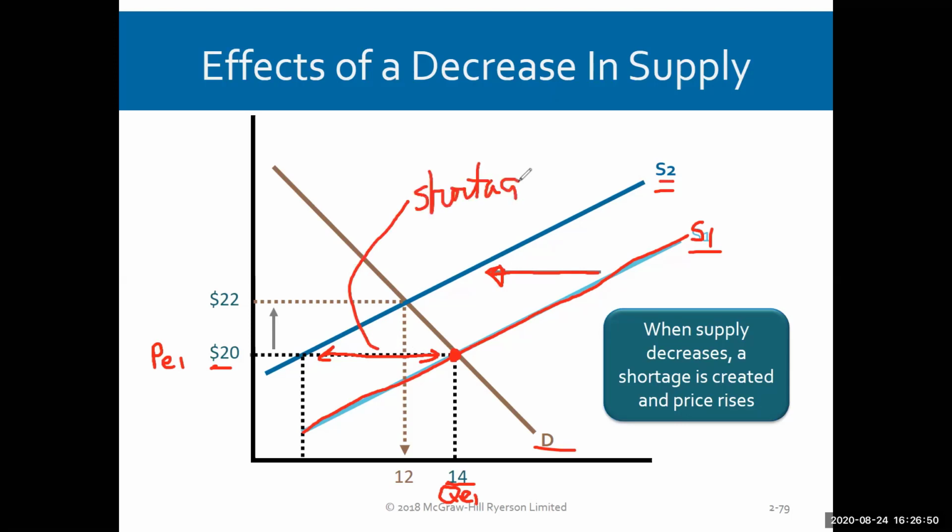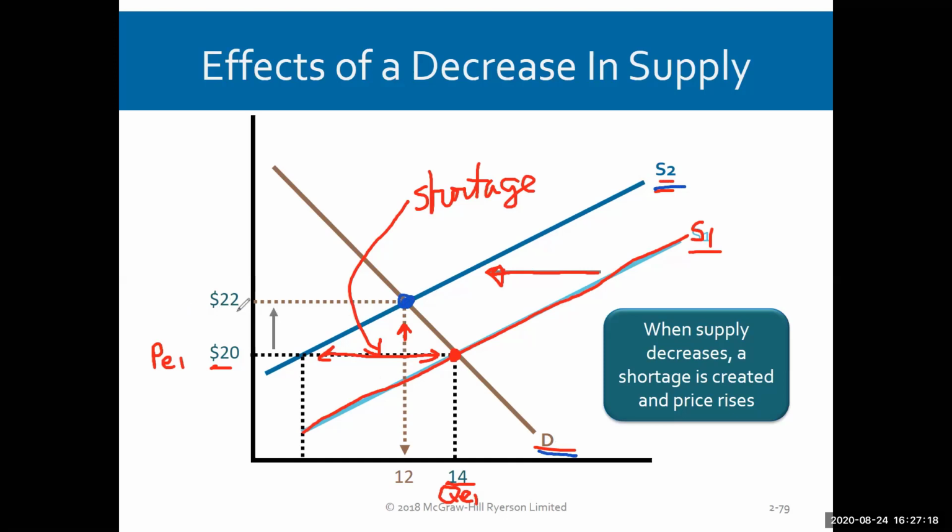Supply decreases, so there's a shortage caused right away. I won't draw it in here, but you should be able to label the quantity demanded and quantity supplied. And when there's a shortage, price increases. Just ask yourself, if there's not enough product around, is price likely to go up or down? Up, price increases. And then we just find our new equilibrium, the intersection of S2 and the original demand curve.